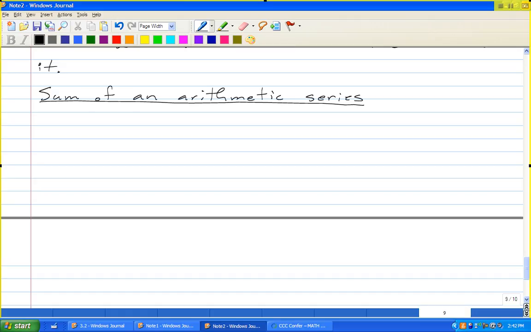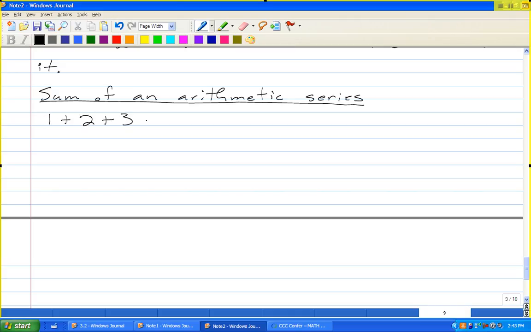When Carl Friedrich Gauss was 9 years old, his instructor didn't want to really do anything for a little while. He wanted to grade some papers and not deal with 9-year-old kids. So he put up the following problem on the board.